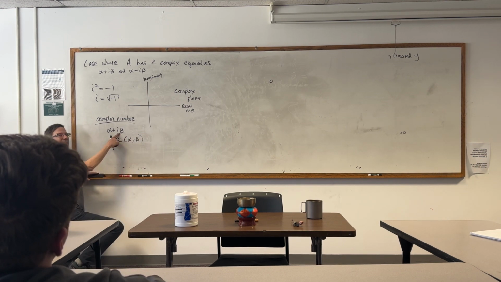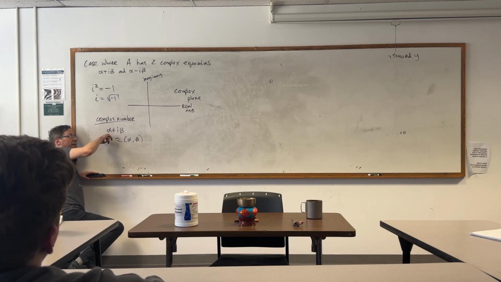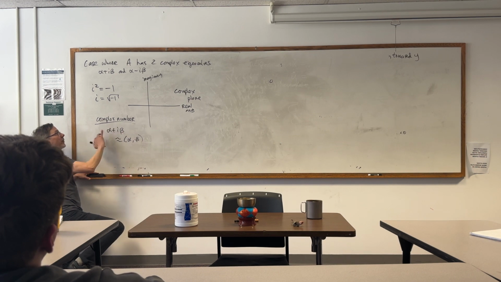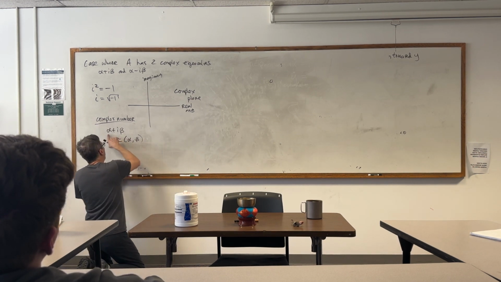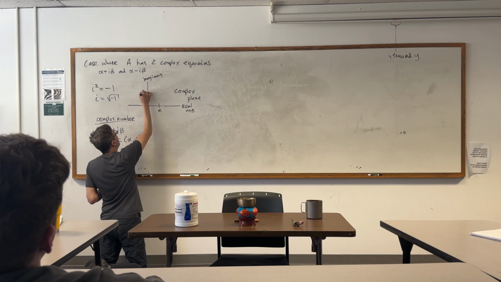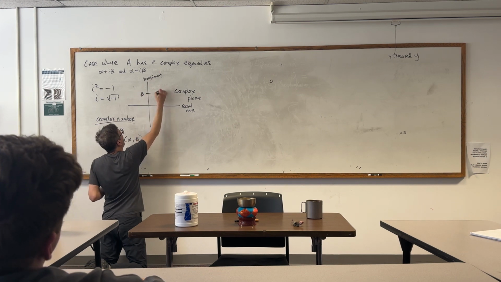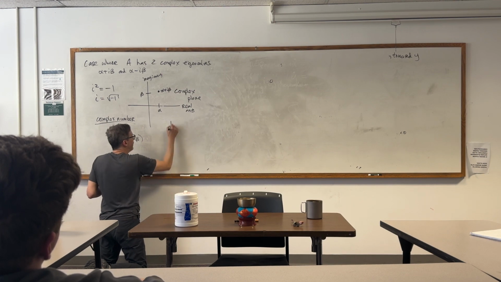In some ways this i separates the beta from the alpha, and they can't really mix in any way. So the number alpha plus i beta means I move over alpha on the real axis and beta units on the imaginary axis. Let me give you a solid example.